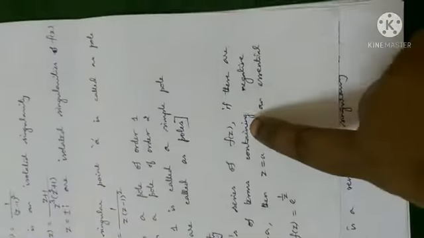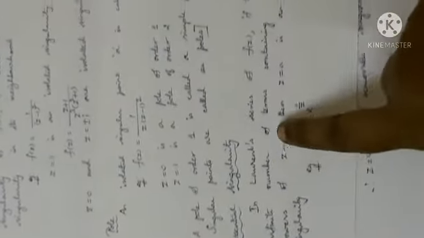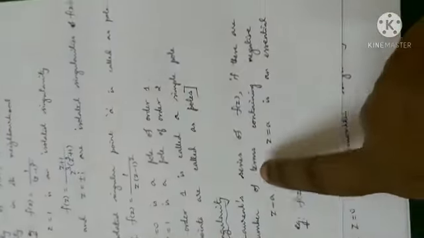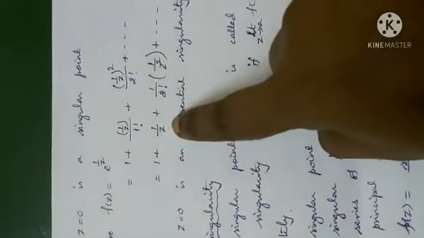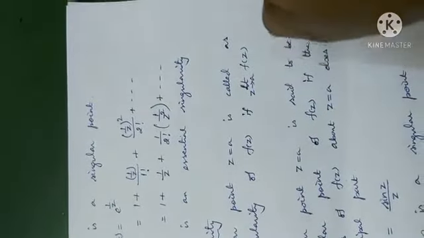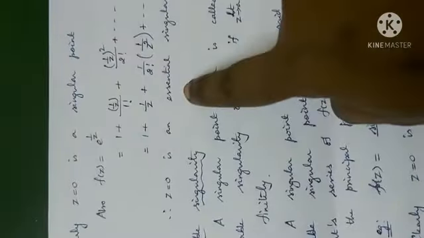In the Laurent series of f of z, if there are an infinite number of terms containing negative powers of z minus a, then z equal to a is an essential singular point. Okay, essential singularity or essential singular point. This is an example. We have here an infinite number of negative powers of z minus 0. Hence z equal to 0 is an essential singularity.